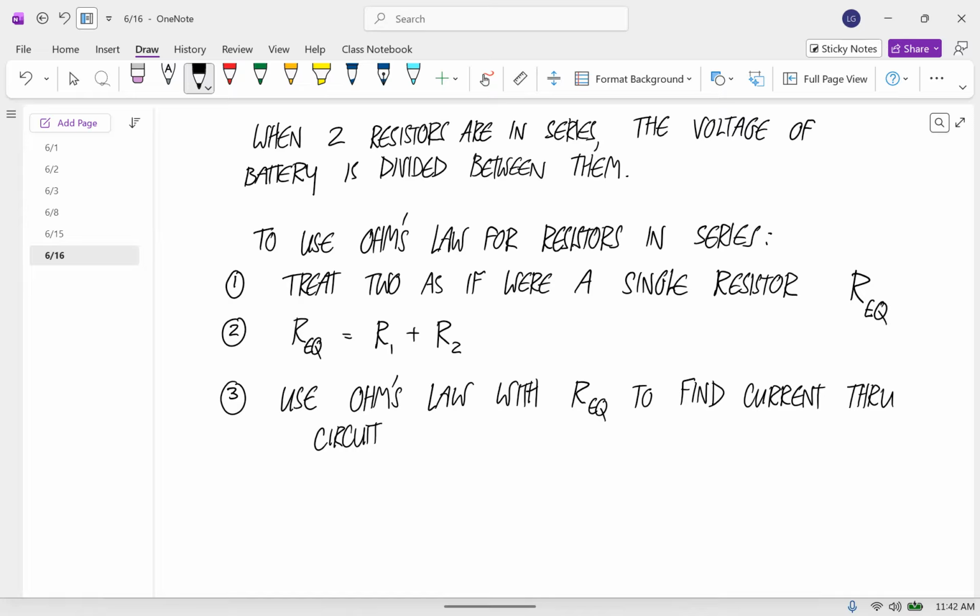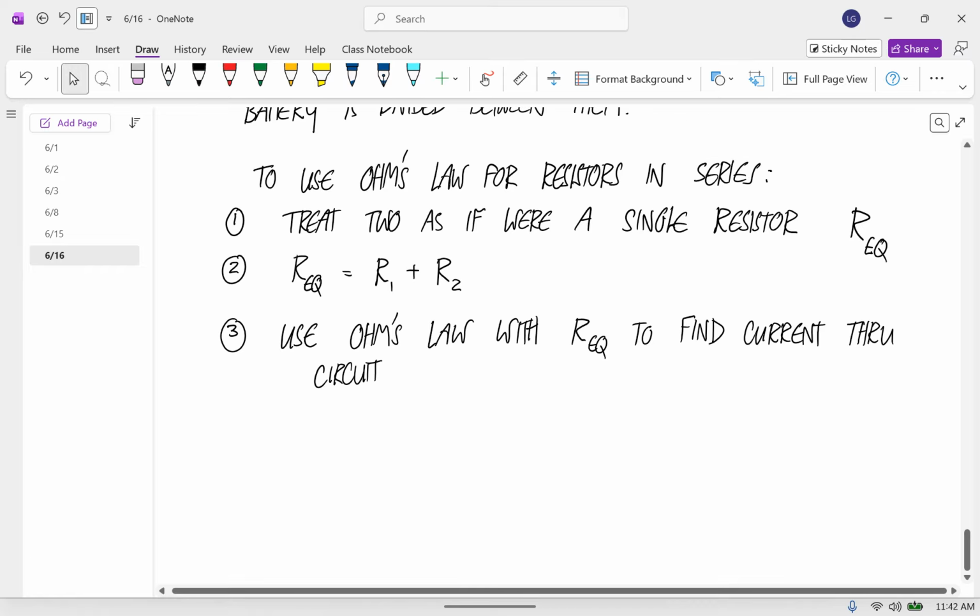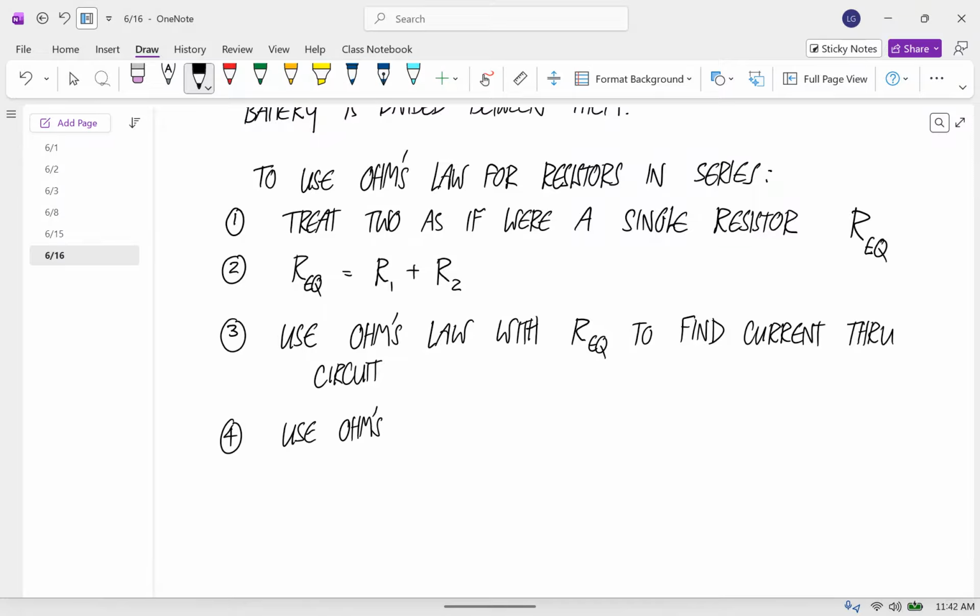So we're going to find the total current through every element in this circuit. And then finally, we'll use Ohm's law for the individual resistors to calculate the voltages.